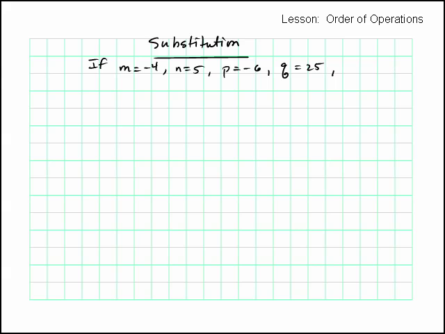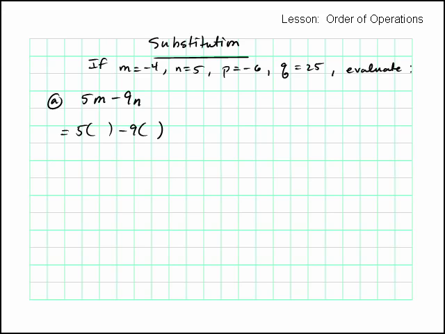First one, 5m minus 9n. The variables here, you need to first replace them with parentheses, like this. Then I'm going to plug the numbers in. This helps avoid any mistakes with negative signs.